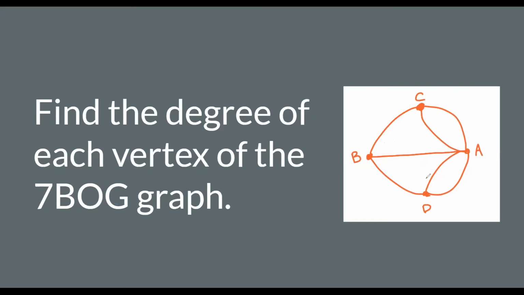For D, we have 1, 2, 3 edges right there, so that is another degree of 3. A is connected to a ton of things: 1, 2, 3, 4, 5. It has 5 edges containing it, so that is a degree of 5. For C, we have 1, 2, 3 edges, so that is a degree of 3.